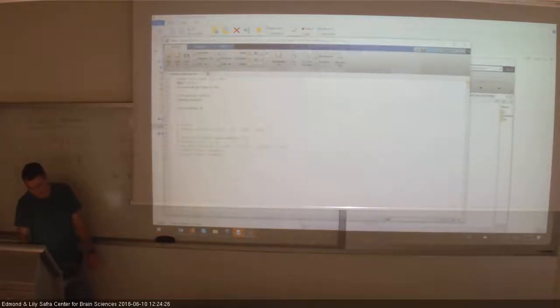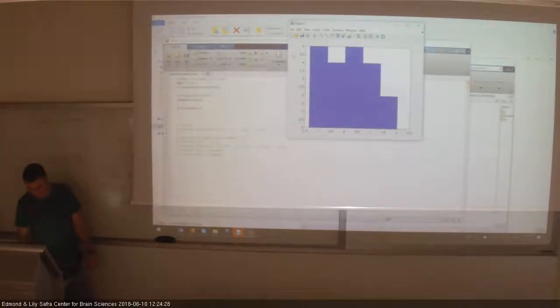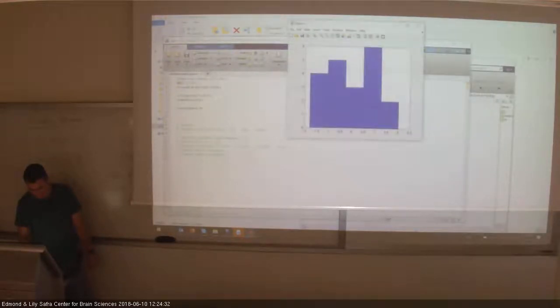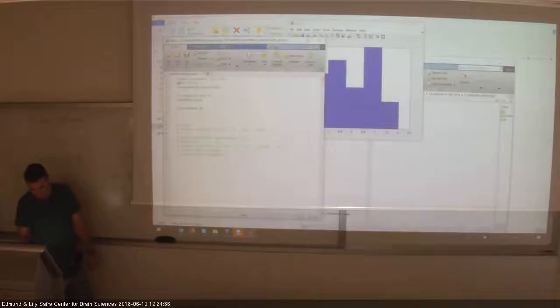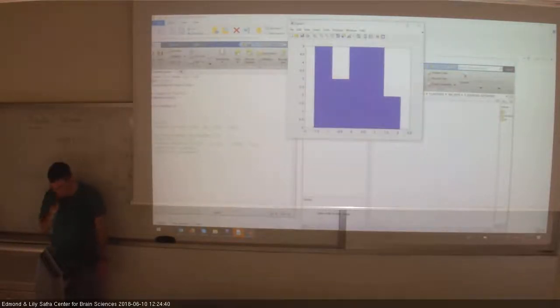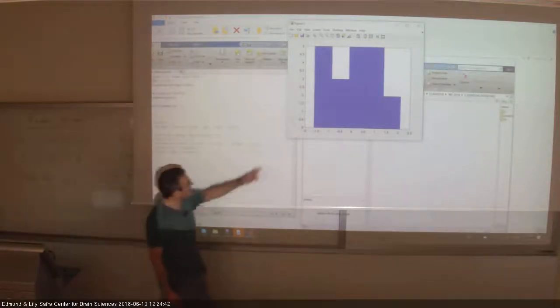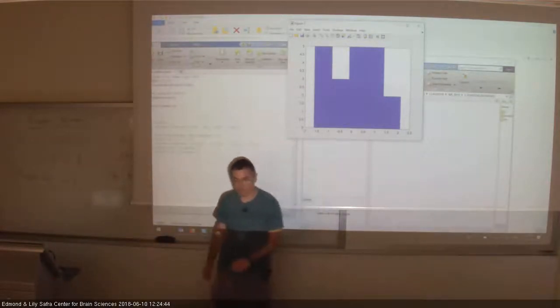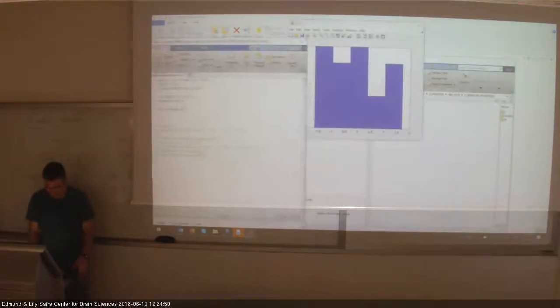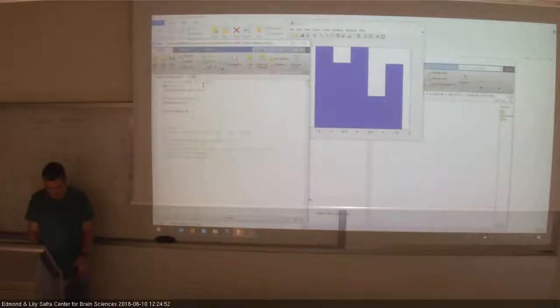Every time that I run it, I will get different numbers. This is how the distribution looks like. But you can see that it goes something like between -2 and +2. This is for G equal to 1.